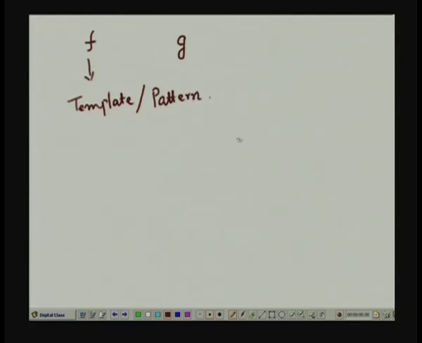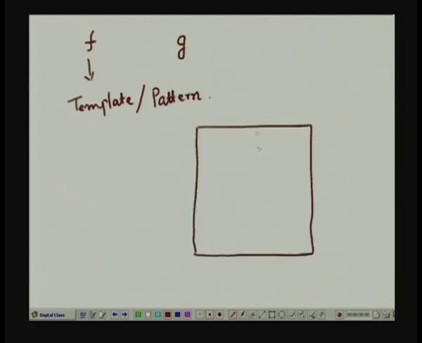So, our aim is that given a very big two-dimensional image G and a template F, usually of smaller size than G, we want to find out where this template F matches best in the image G.